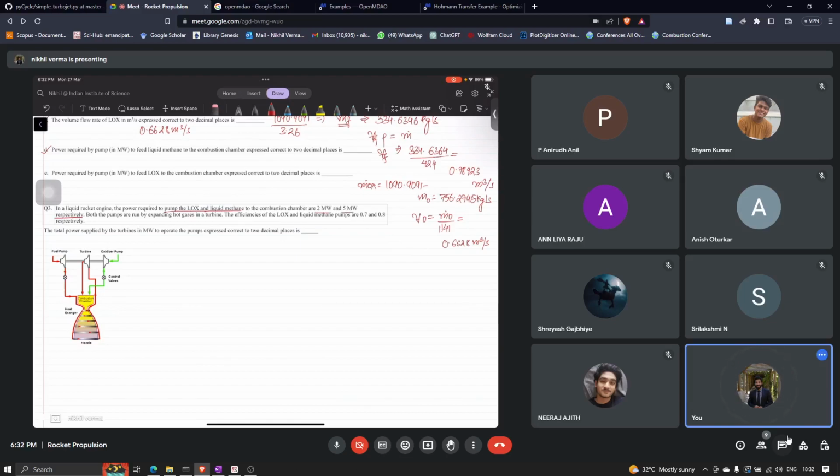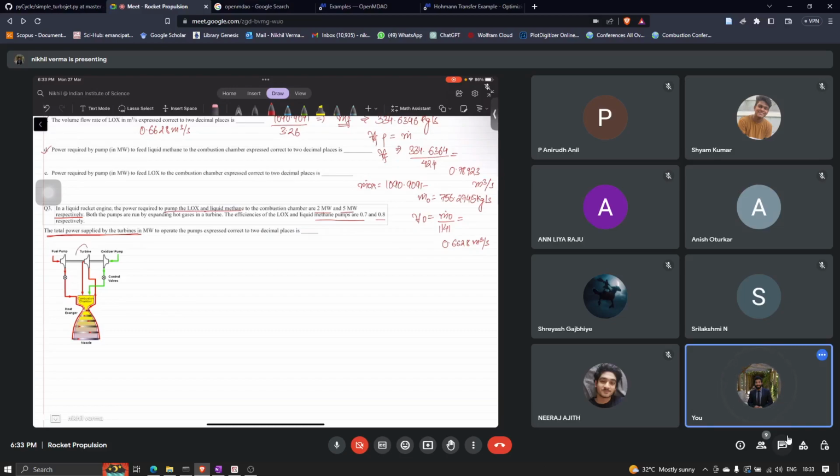We have to calculate the total power supplied by the turbine. It is given that the efficiency of the pump is 0.78 for the LOX pump, and 0.8 for the methane pump. Can you calculate the power that is supplied by the turbine?